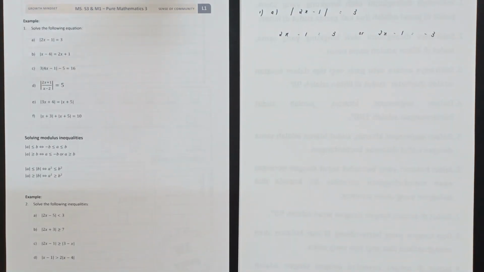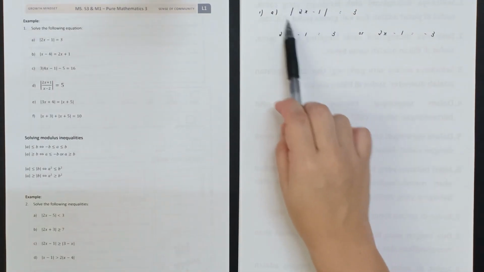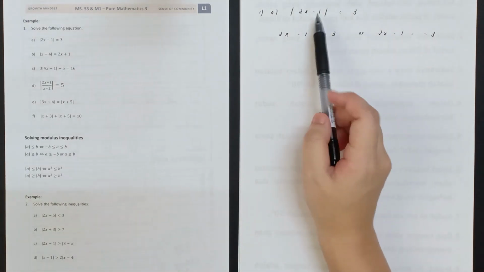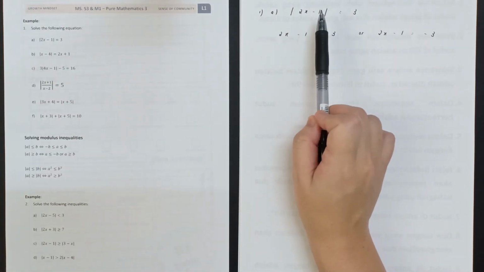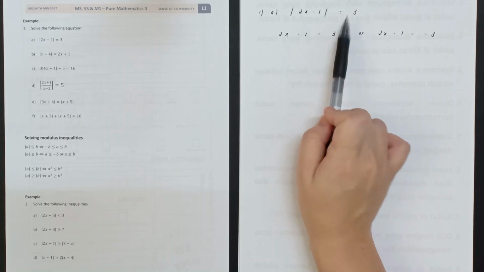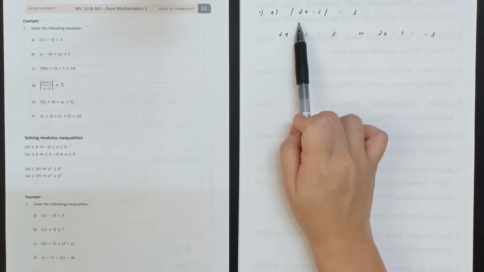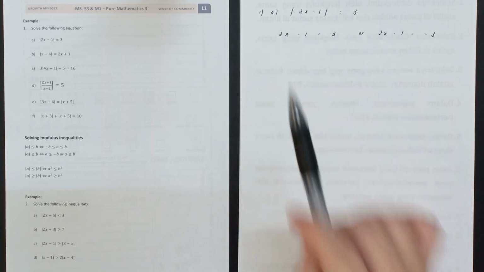It's the same thing if you want to use the definition: the expression inside can be negative or positive, and when 2x minus 1 is either positive or negative, you can do the same thing. It's the same idea as saying x equals +3 or -3, or -x equals 3 or +x equals 3. They mean the same.